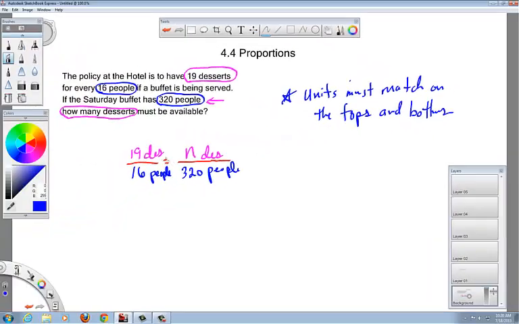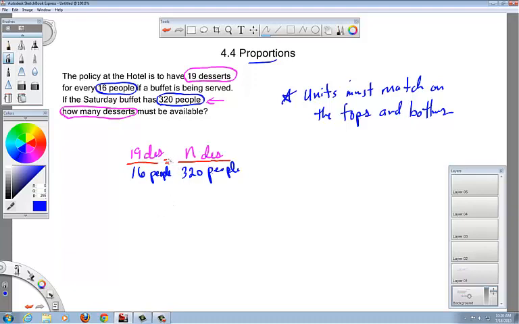That's the thing. This is an equal sign. Desserts, people, desserts, people. That will tell you how to set that second fraction up. So the strategy on proportions is you find the ratio, or the rate in this case, on the first part, 19 desserts for 16 people, set up your first fraction, and then because of the units, that tells you how to set the second one up.